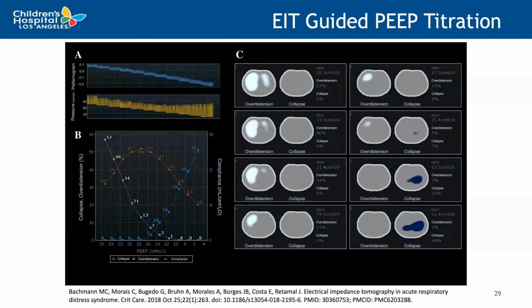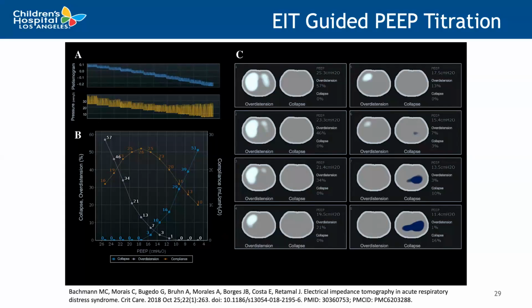So the EIT device actually has a PEEP titration tool built into it. This is a representation of what the report would look like when performing the PEEP titration tool at the bedside. So I'll just take a little bit of time to orient you all to the screen here. First, PEEP titrations should be done during a decremental PEEP titration or decremental PEEP trial.